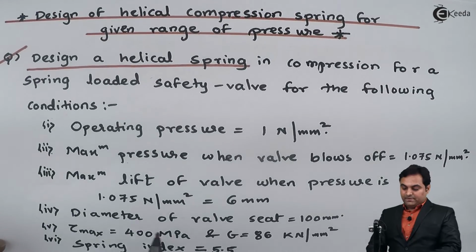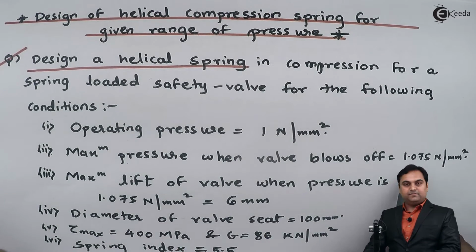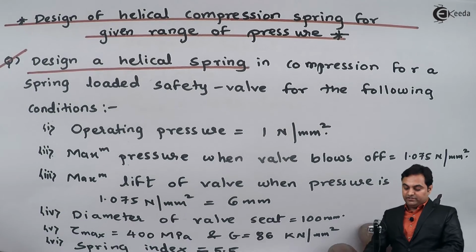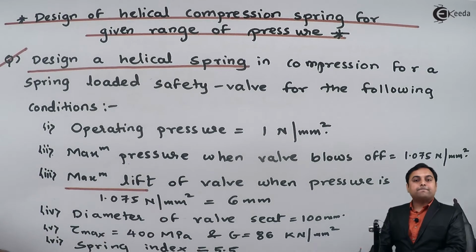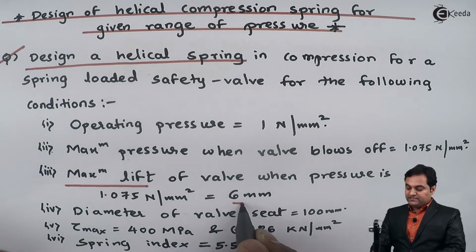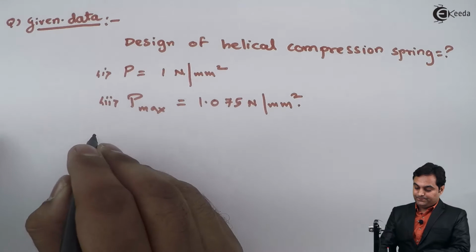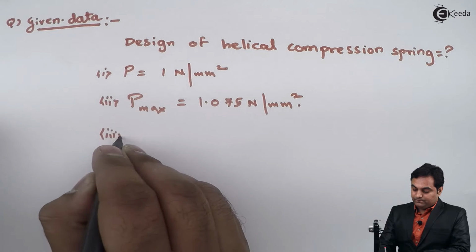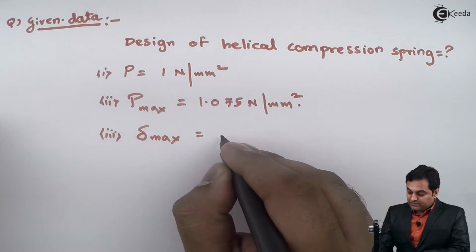Next, maximum lift of valve when the pressure is maximum. Maximum lift means when the valve gets lifted, spring will be deflected by 6 mm. So this is the maximum deflection of the spring. Maximum deflection is 6 mm.